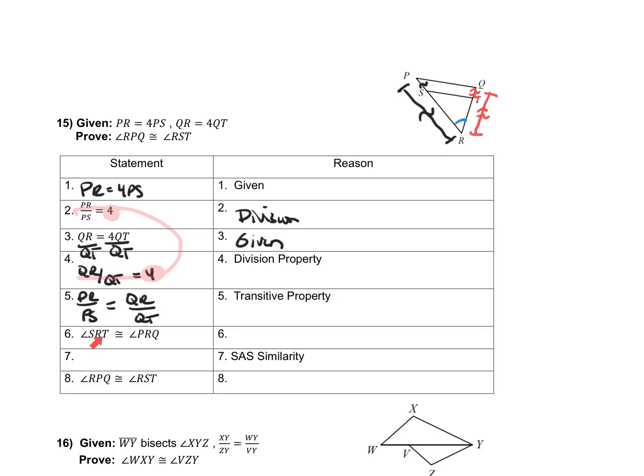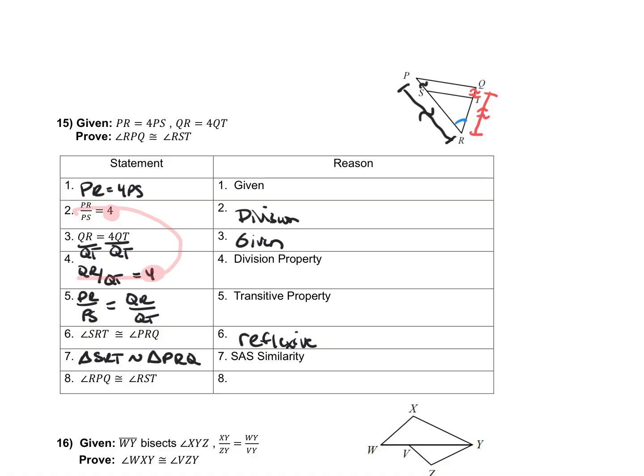Now they have an angle here, so they're saying angle R is congruent to angle R. And this is my reflexive property. So now, since I have my sides are proportional and my angle, I can now say the triangle is similar. So I'm going to say triangle SRT is similar to triangle PRQ.